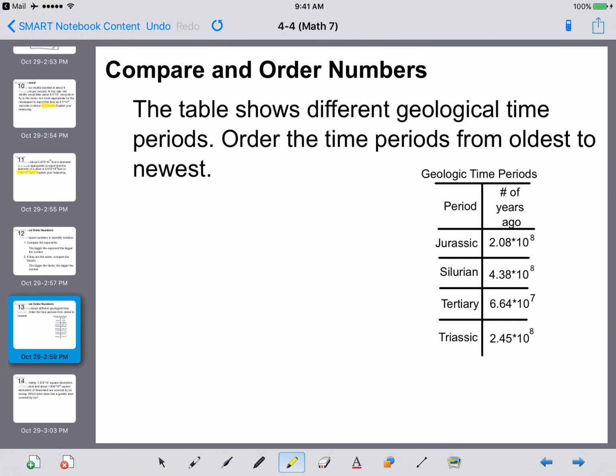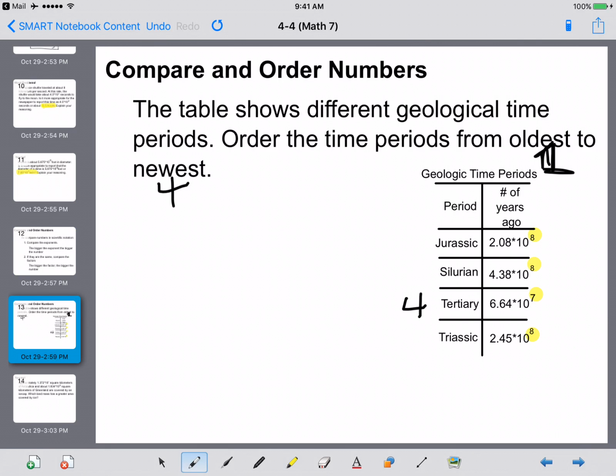So, first thing I'm doing, I'm checking the exponents. 8, 8, 7, 8. Okay, so our 7 is not as far away. So this one is our newest. So that's going to be number 4, because I'm going to say oldest is 1 to newest is 4.